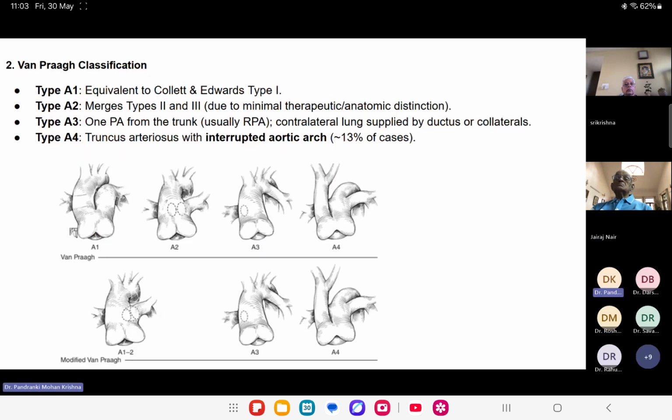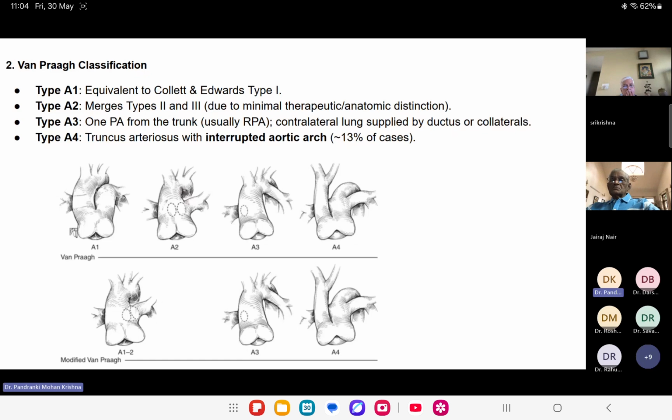And then this was modified with the Van Praagh classification, A1, A2, A3, A4. Here A1 is equal to Collett and Edwards type 1, no change. And A2 merges type 2 and type 3. That means there is no difference between the posteriorly placed, closely placed pulmonary arteries or the laterally placed pulmonary arteries. All these actually have the same surgical procedures.